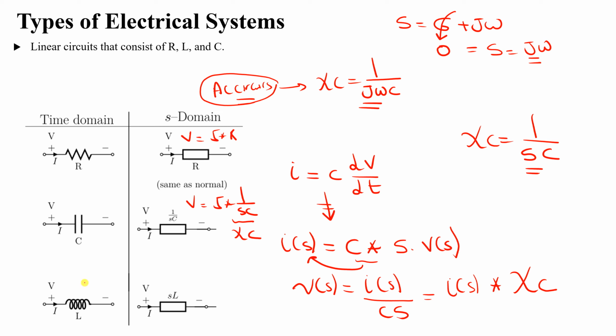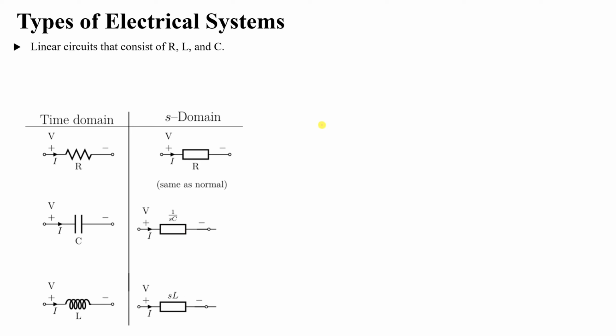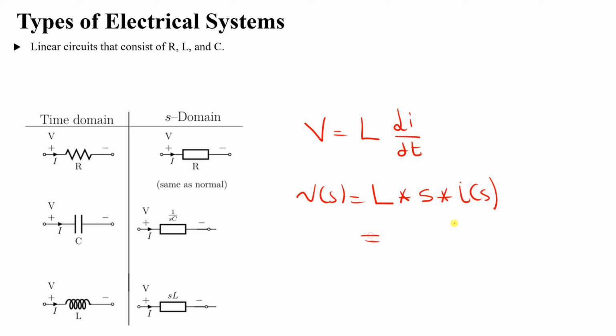What about our inductance? With the same idea, V is equal to L di by dt. So V of S in the Laplace domain is L, which is a constant, multiplied by the derivative, which means S, multiplied by the current in the S domain. So it will be equal to the current multiplied by SL, which is the XL or reactance of the inductance.